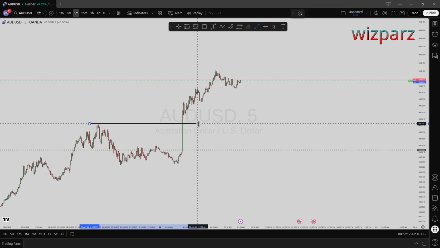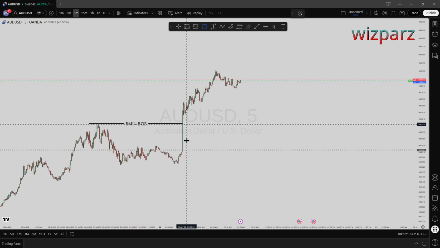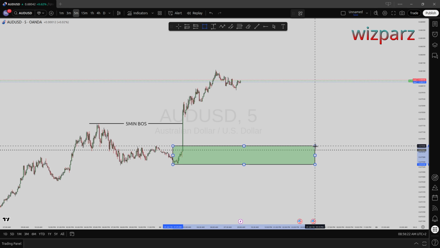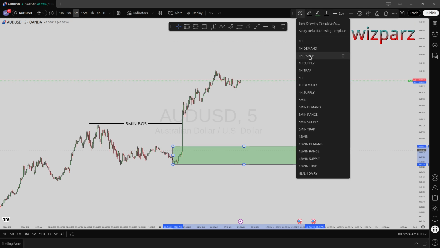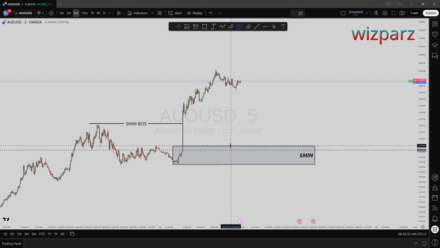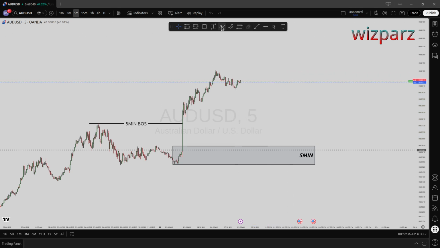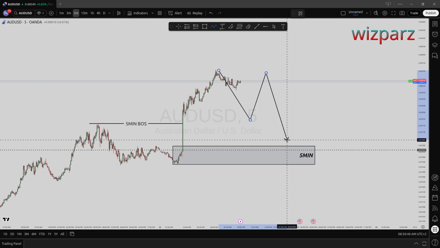On 5 minutes you can see that we are in uptrend. So what you have to do is to trade 5 minute uptrend, and still there is a higher space between this zone and this one. So I would like to see price do something like this, higher low, then fail to make higher high, and then break.